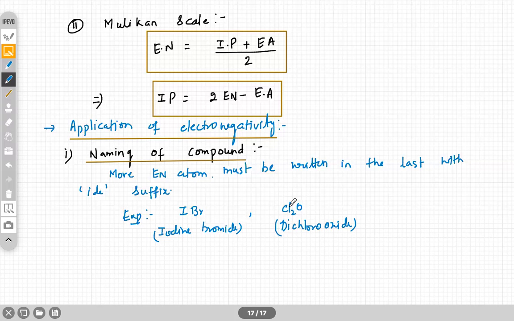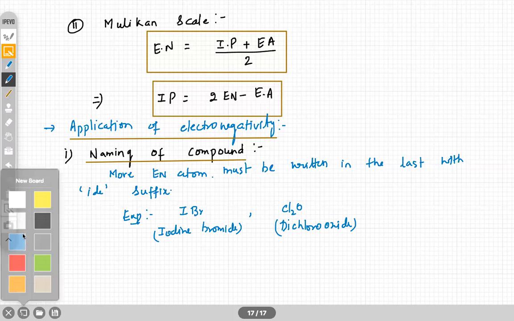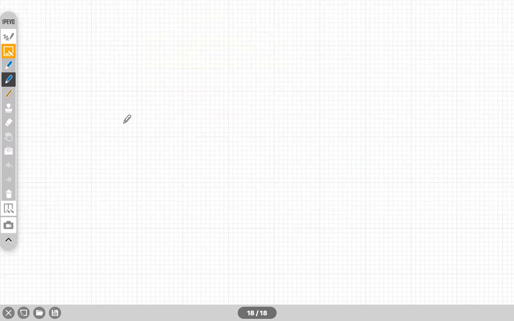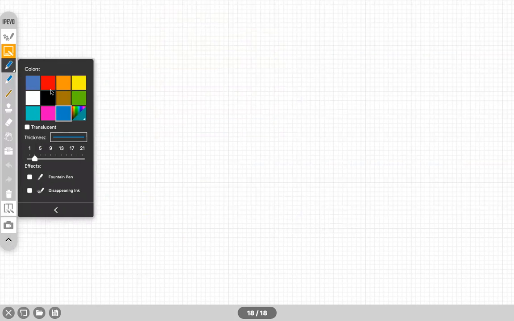Second one, you write down nature of bond. Sir, could you just go back to the previous? Just a second. Let me write down the heading, nature of bond.